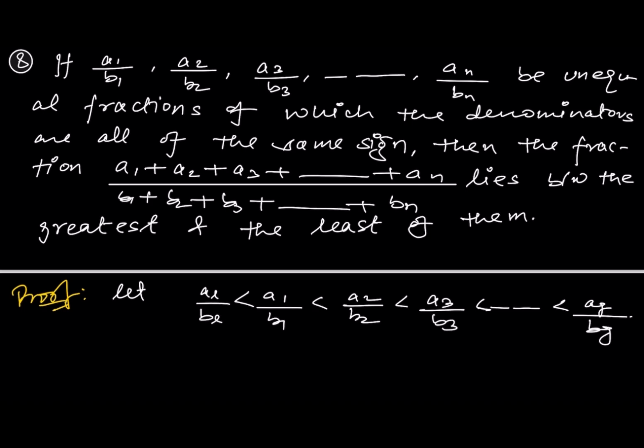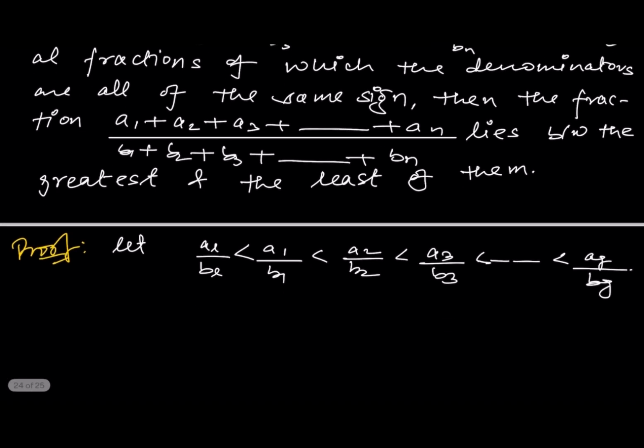So here al/bl is the fraction having the least numerator and least denominator, and ag/bg is the fraction having the greatest numerator and greatest denominator.